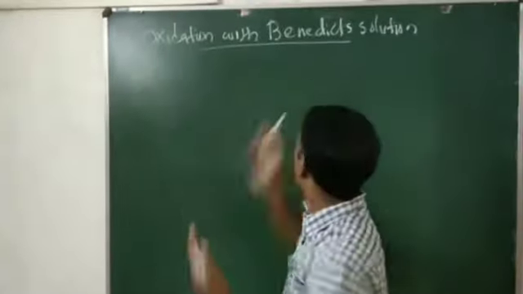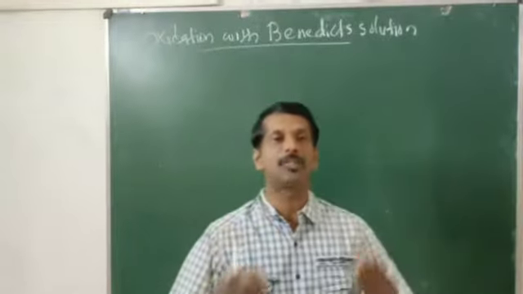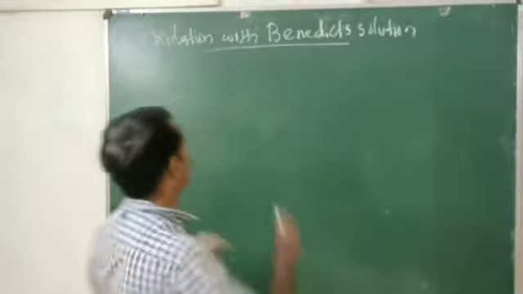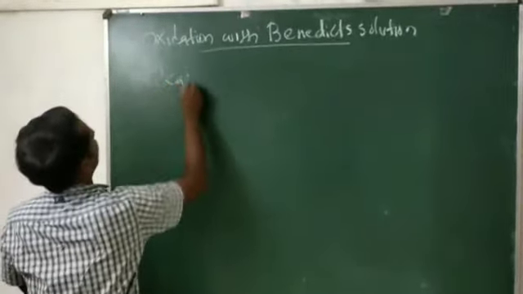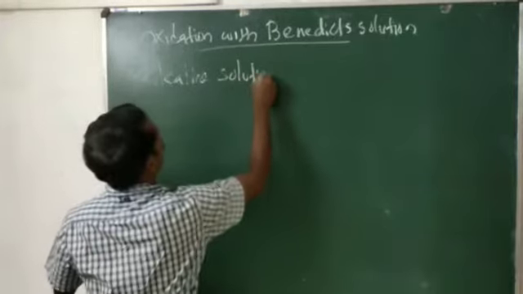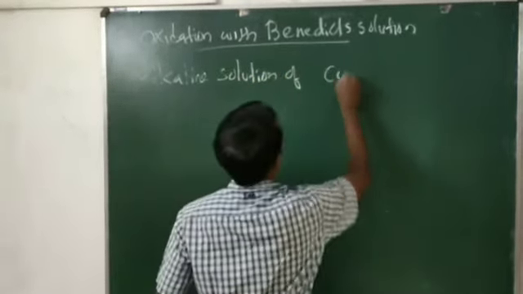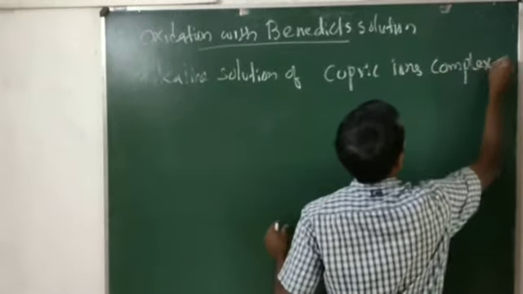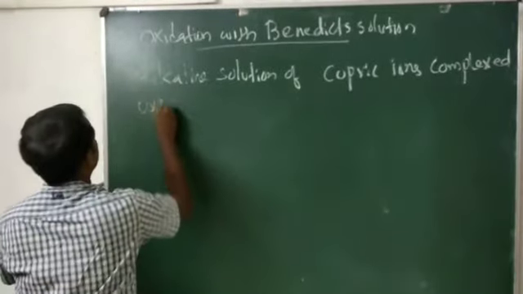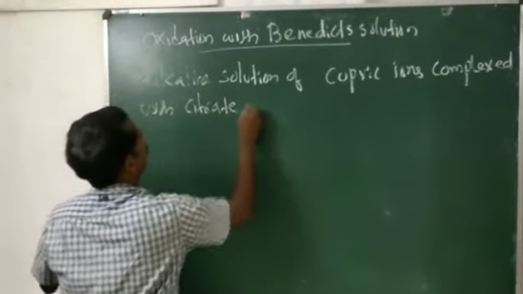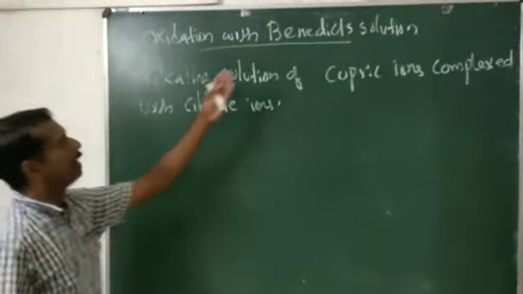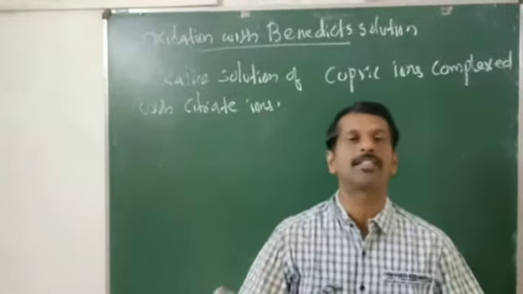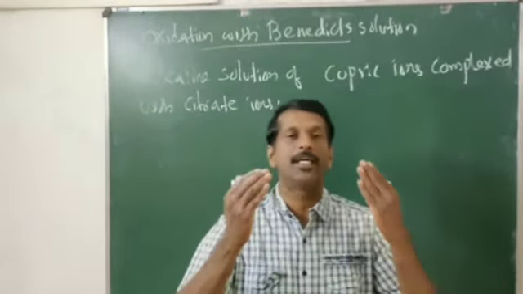Here, Benedict solution is an alkaline solution of cupric ions complex with citrate ions. And Benedict solution is prepared from crystalline copper sulfate, sodium citrate, and sodium carbonate.